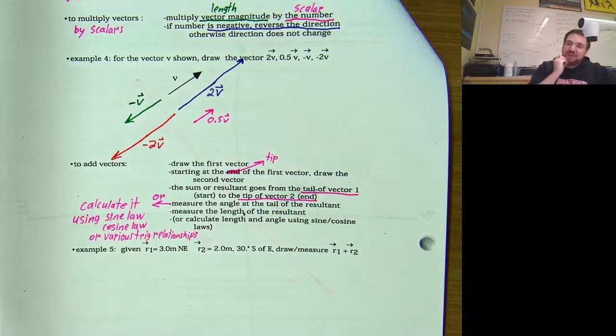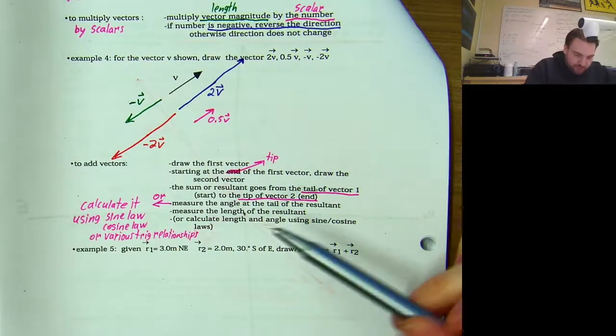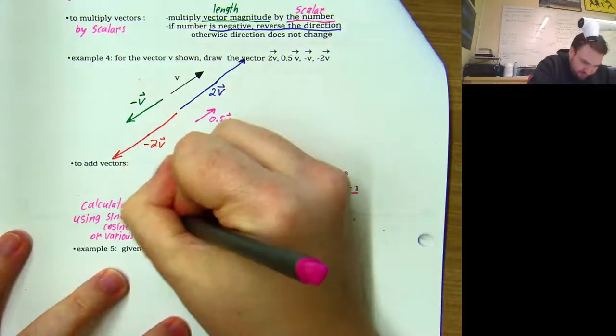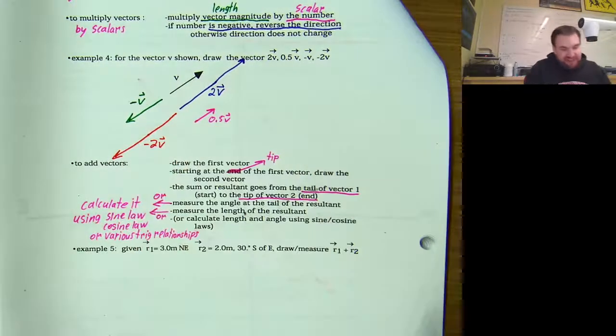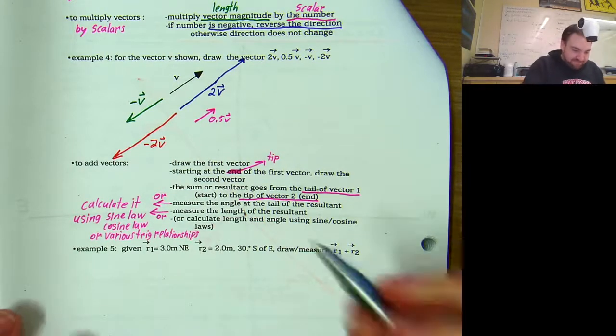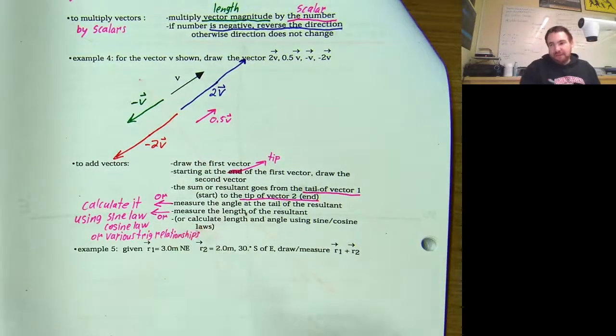We're going to use all that trig that you've done. We're going to measure the length of the resultant or calculate it using sine law, cosine law, or various trig relationships, as was stated down here.